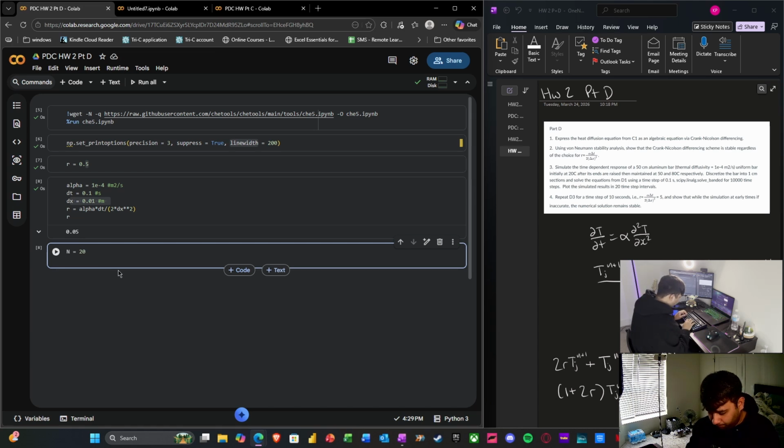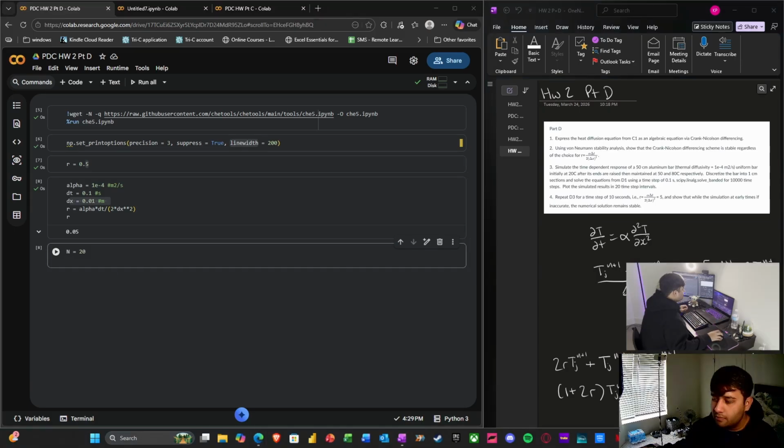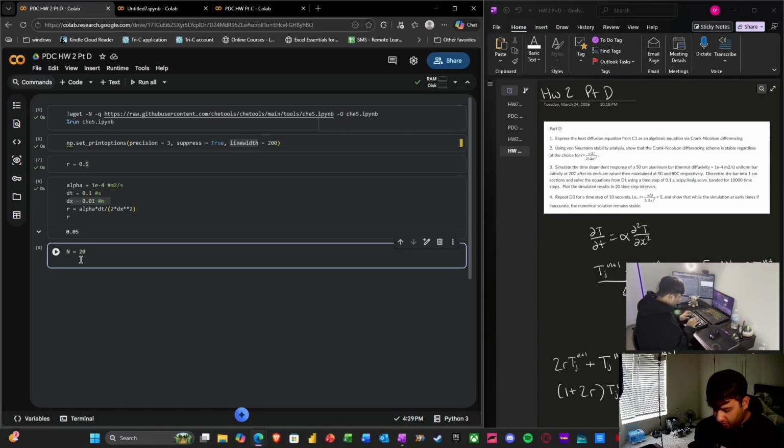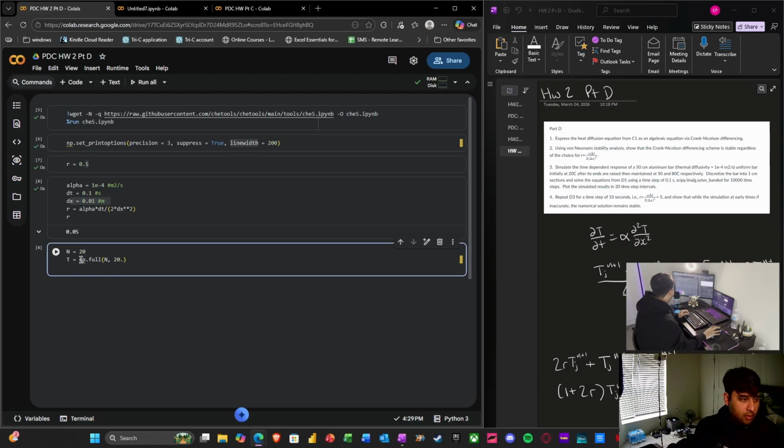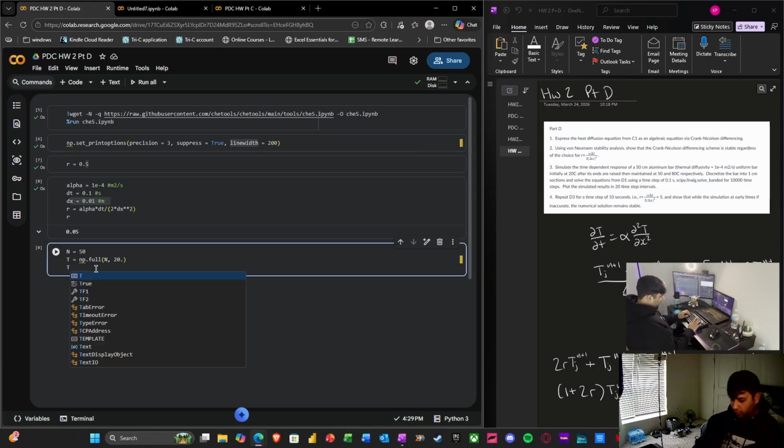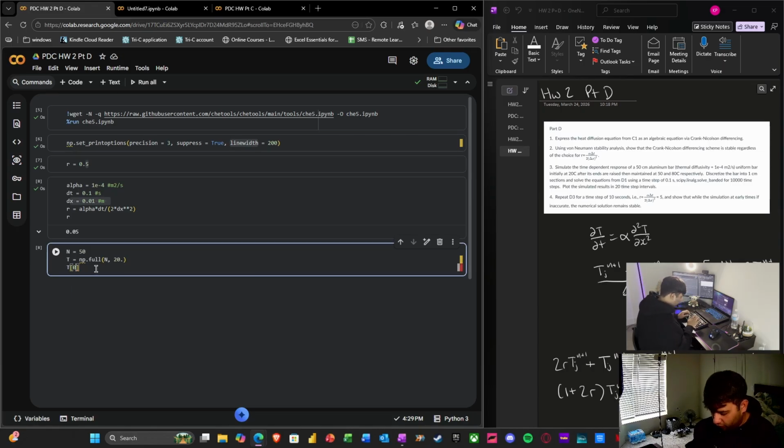So T equals np.full and then 20. So we're going to go ahead and raise n to 50. And then, much like in part C, we had an initial temperature, which is already given to us here.